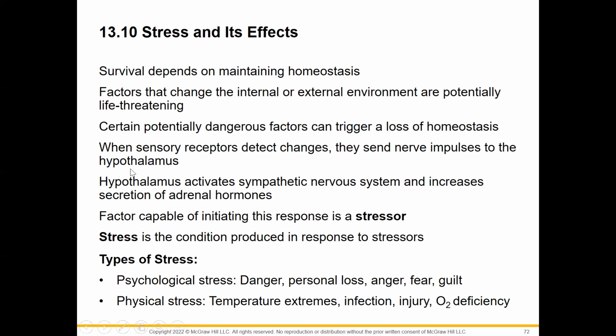Once the hypothalamus receives that information, the hypothalamus will then activate the sympathetic nervous system to increase secretion of the adrenal hormones, specifically those stress hormones.